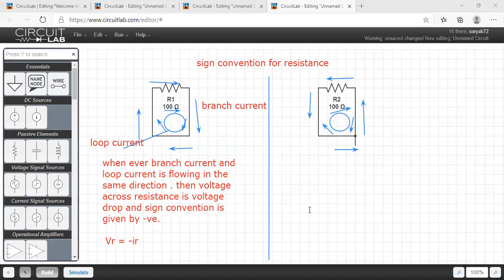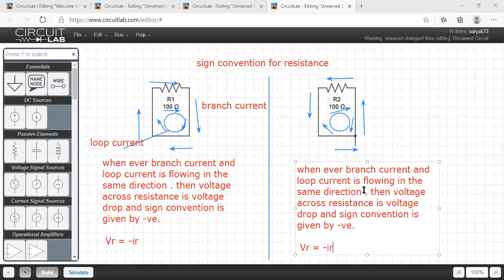In a similar manner, whenever branch current and loop current are flowing in opposite directions, then the voltage across the resistance will be a rise, and the sign convention will be a positive sign.